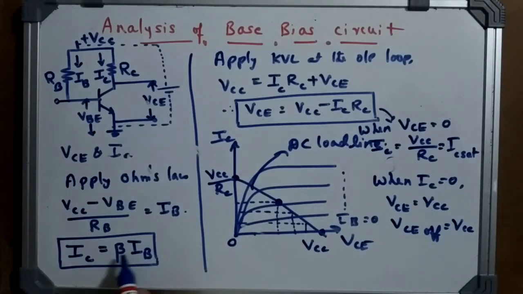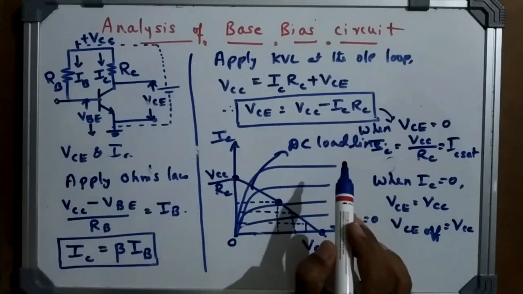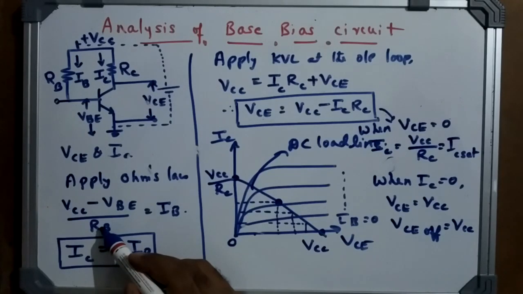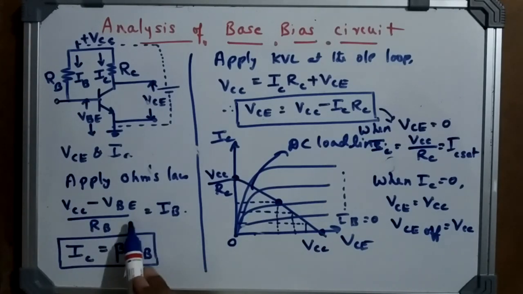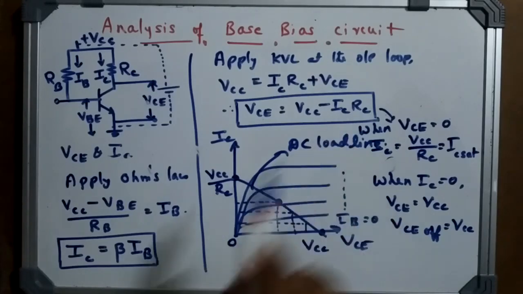Now that VCE and IC depend on the components you use. It depends on RB and on RC. Since this expression involves RB, IC depends on RB, because IB depends on RB, and VCE depends on RC.